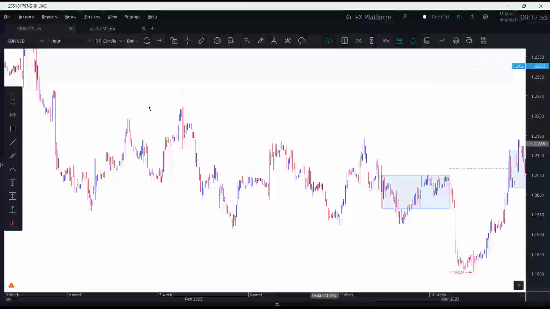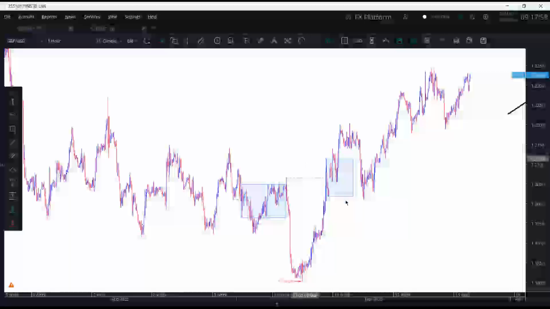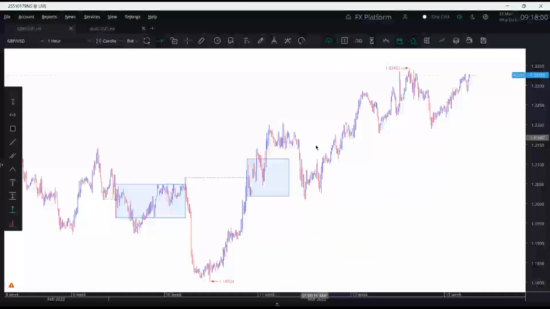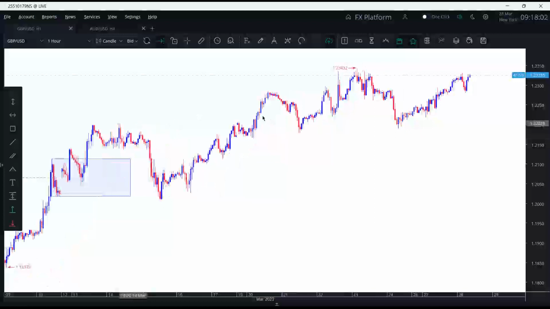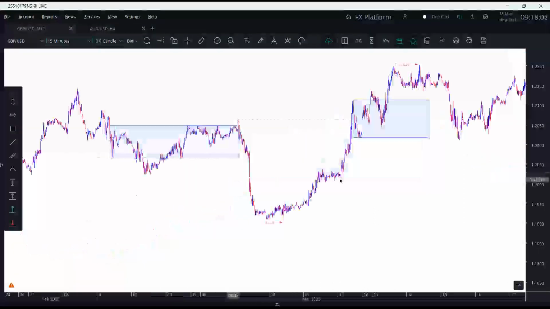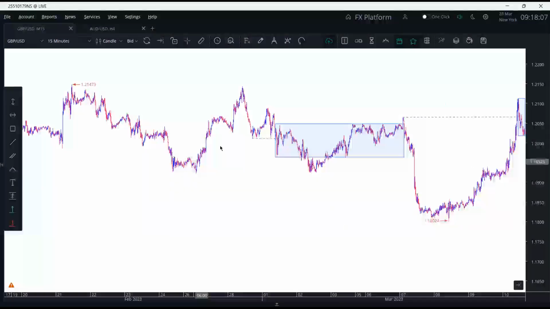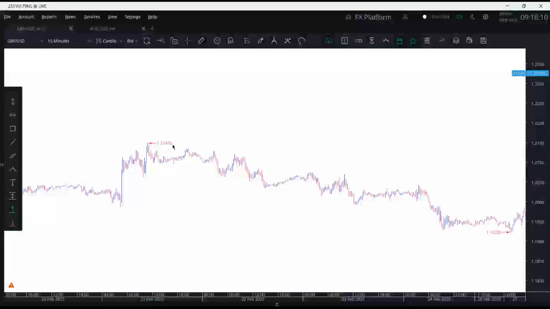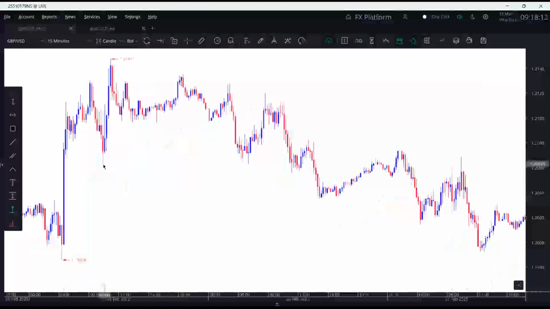Well, the market is full of FTRs and this sort of thing. Let me move to a lower time frame and show you more. Here we have a FTR.